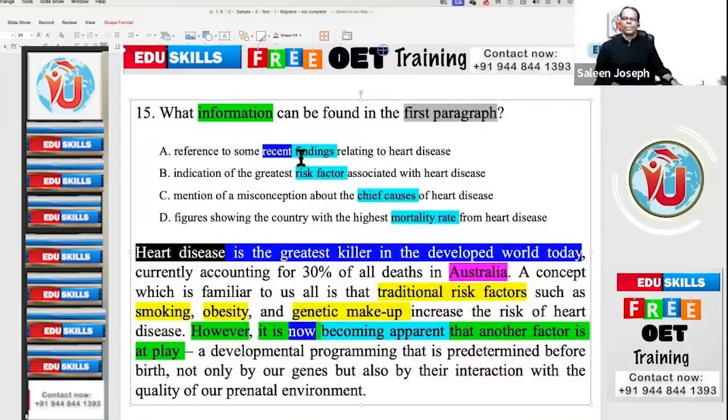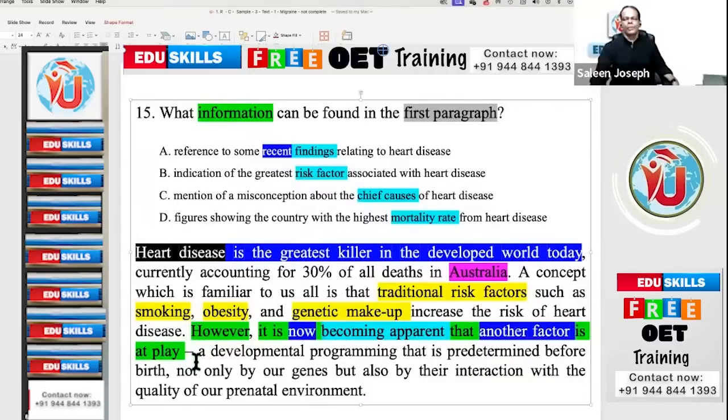And that another factor. And again, I told you when there is a sequential expression, it's also an indication that it will be the answer. Sequential expressions: first one, second one, third one; another factor, third factor. All these are sequential expressions.